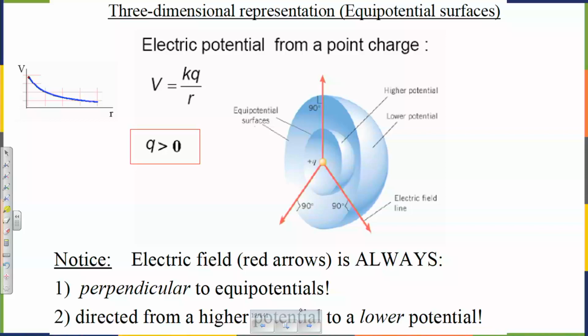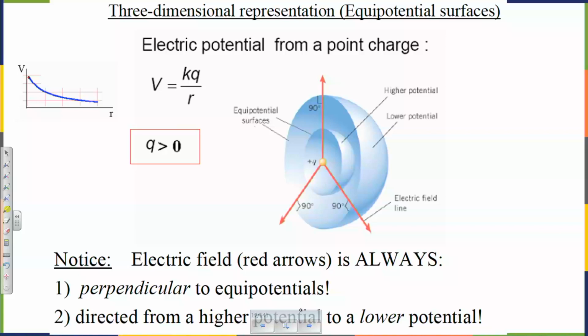Well, in this picture, it's a surface, a spherical surface. A surface like that has a name, the equipotential surface. Equi means same, potential means potential, equipotential means same potential. These spheres represent equipotential surfaces, or shortly, equipotentials.